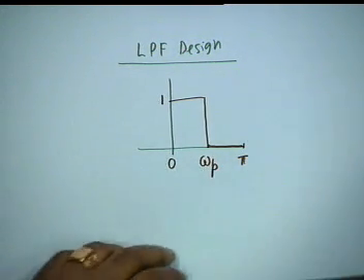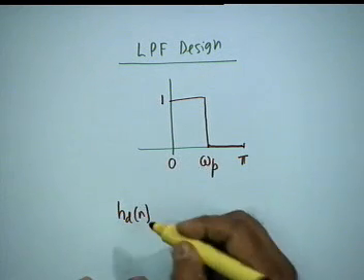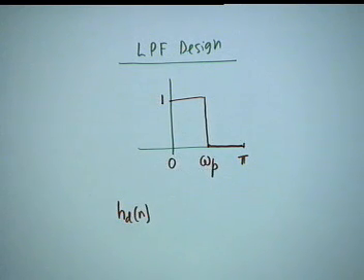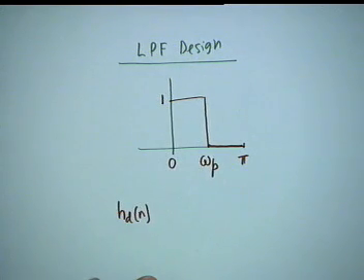In other words, you have to find h_d of n by the inverse Fourier transform formula, inverse Fourier transform over one period. And the easiest thing to do is to take from minus pi to plus pi.